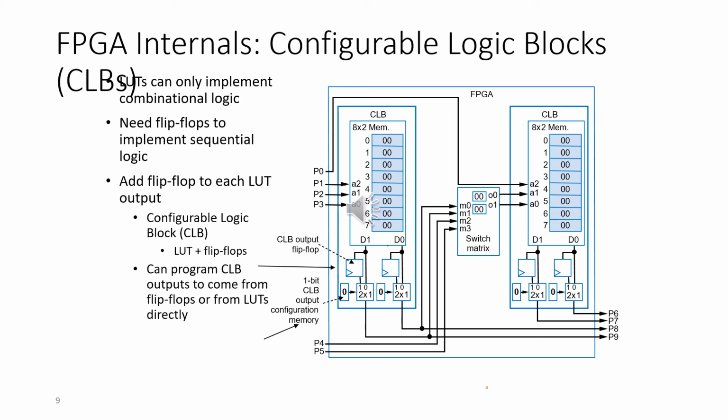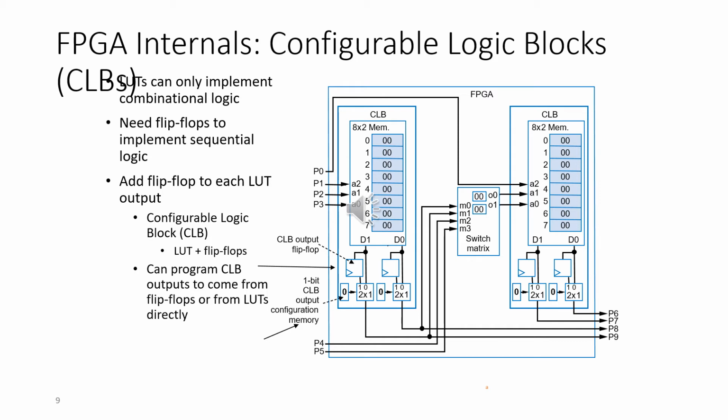So far we have implemented only combinational logic from the LUTs, but we can also implement sequential logic from LUTs by adding a flip-flop at each output. The LUT along with its flip-flop is called a configurable logic block, CLB. CLB equals LUT plus flip-flop.